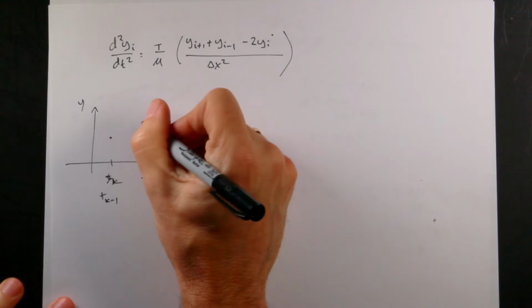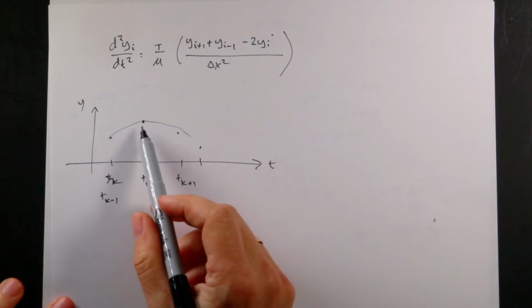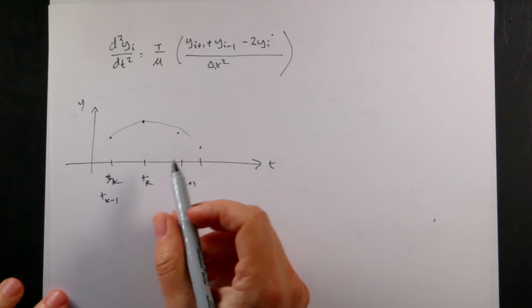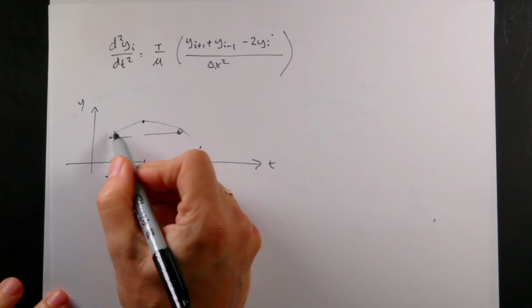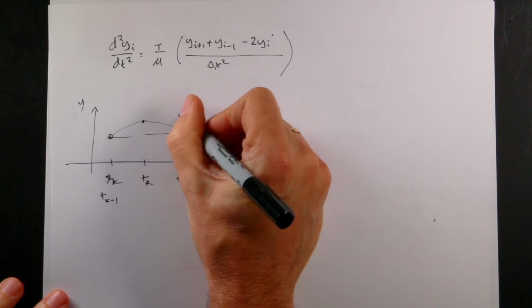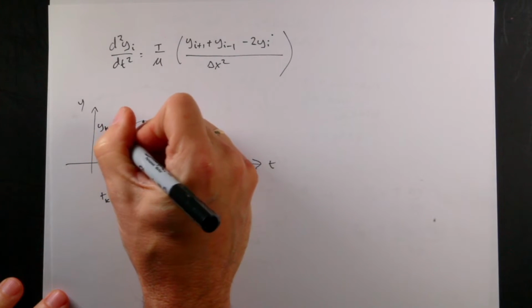So if I want to find the slope right here of this curve, that'd be the first derivative. One way to do that is to use these 2 points, yk plus 1 and yk minus 1.